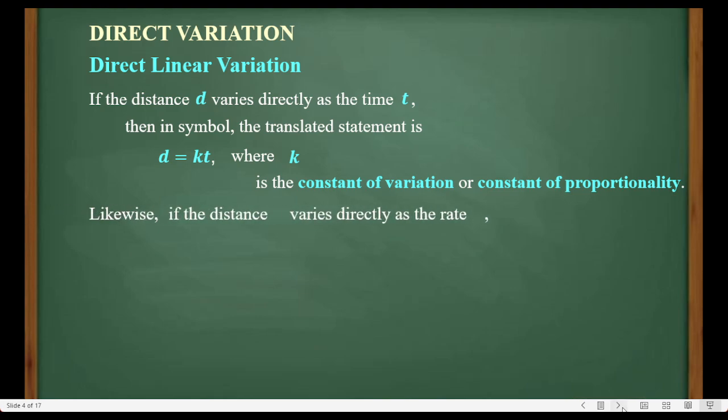Likewise, if the distance d varies directly as the rate r, then in symbol, that statement is translated into mathematical equation, and that is d is equal to k times r.